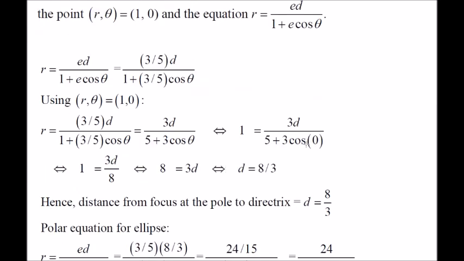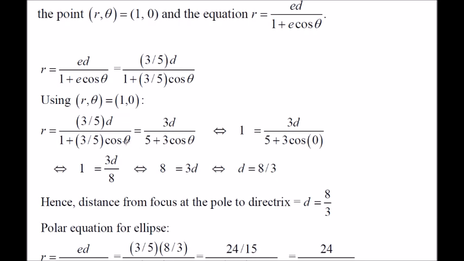So this is what we end up with: r is 1, theta is 0. If we multiply everything on the top by 5, and everything on the bottom by 5, 1 times 5 is 5, and 3/5 times 5 is 3.